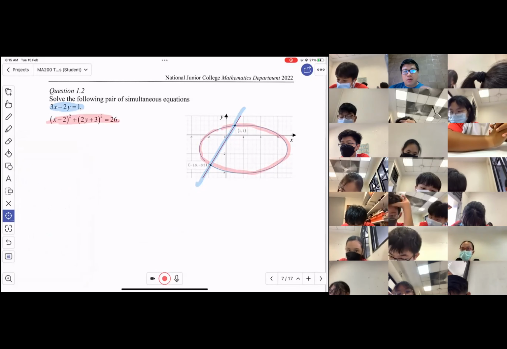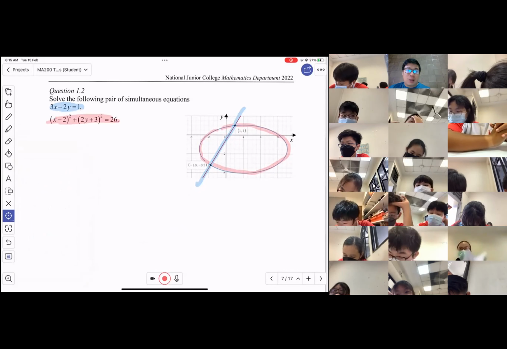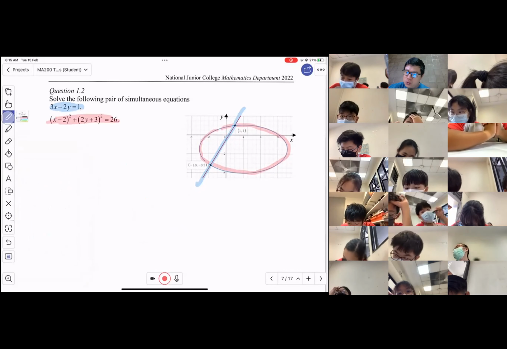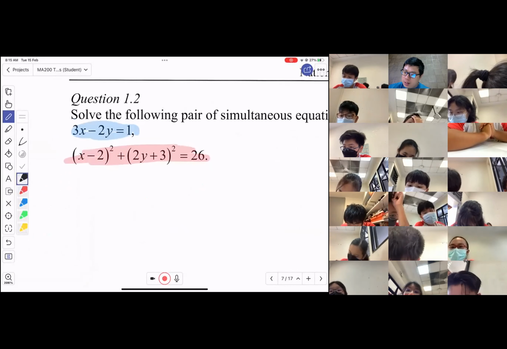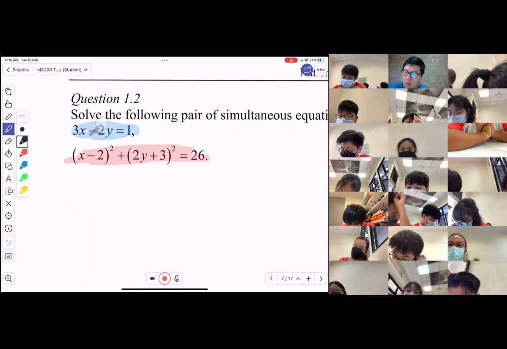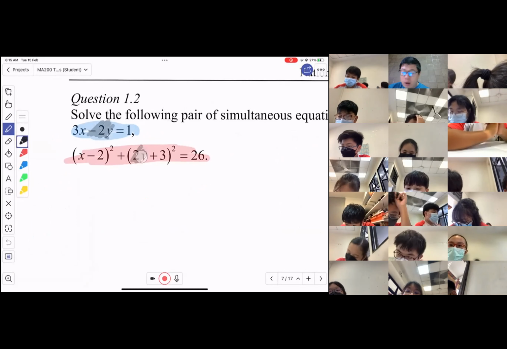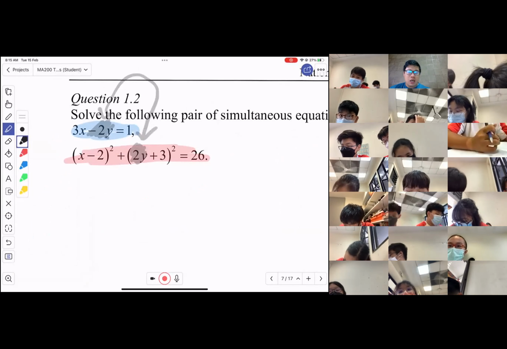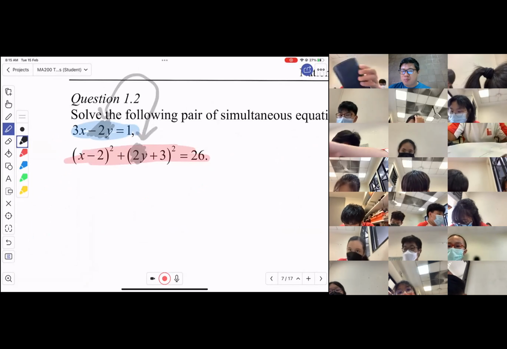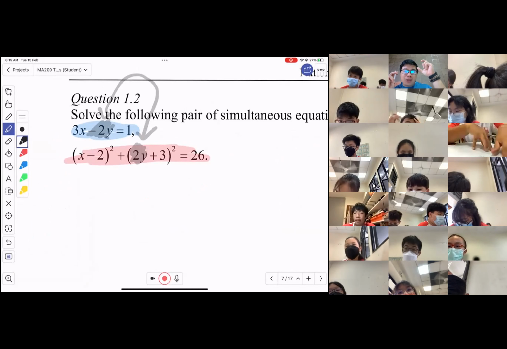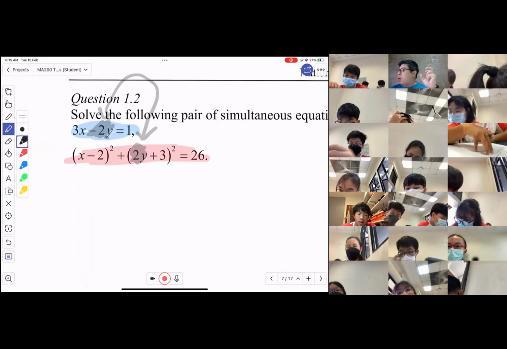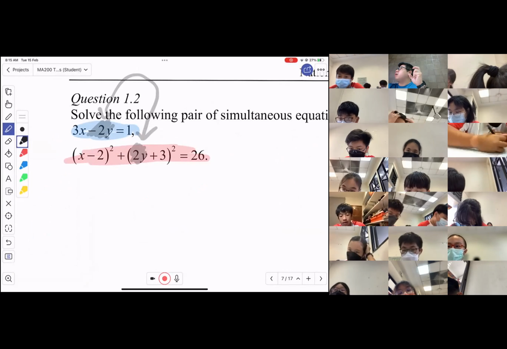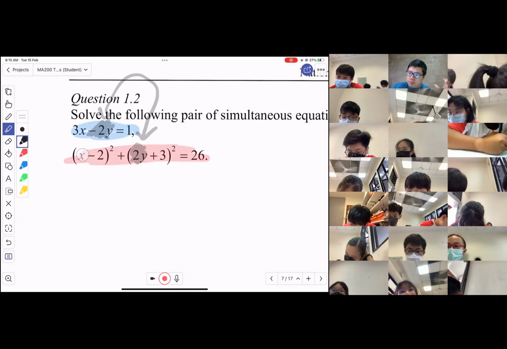Now, similarly, we can use substitution. One very beautiful substitution I want to share with you: you can see that this one is minus 2y and this is 2y. Perfect! Look at how perfect the substitution is. You don't have to make y the subject. If you see that the two variables are the same, you can use 2y as the substitute.